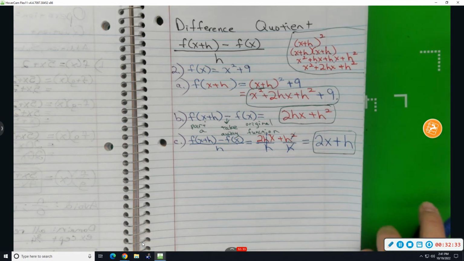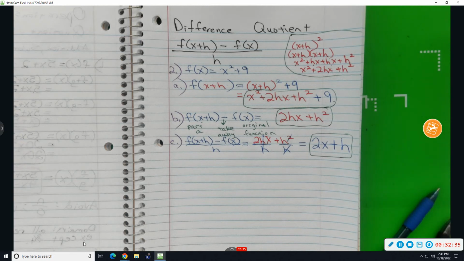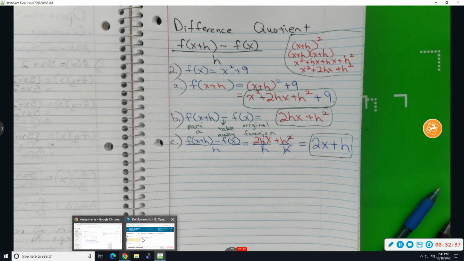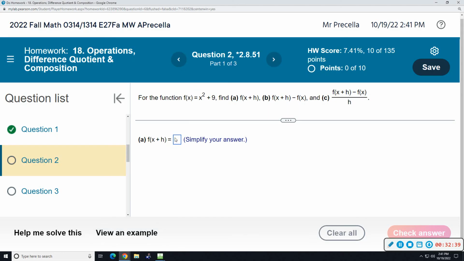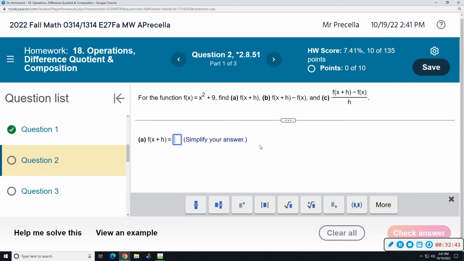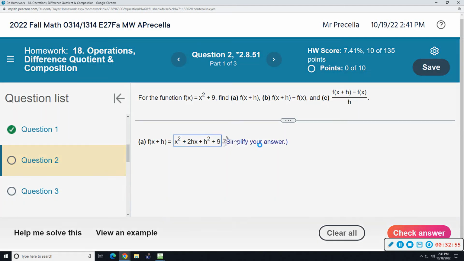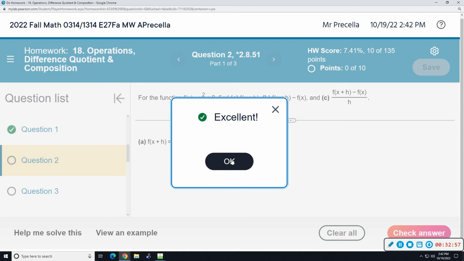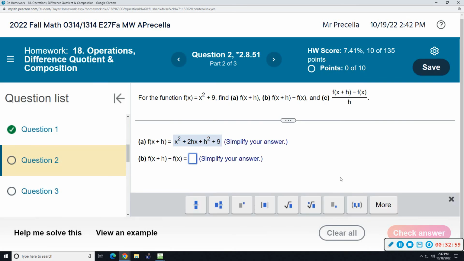Let's type in these answers. So, x squared plus 2hx plus h squared, and then we have that plus 9. What was this answer?